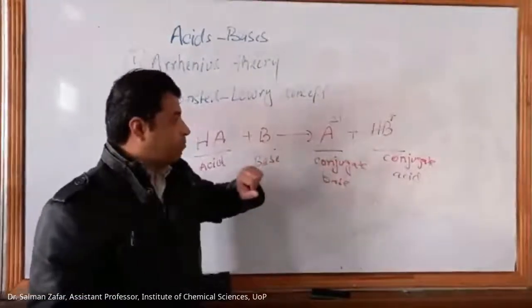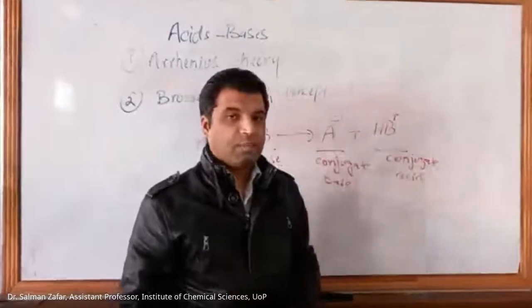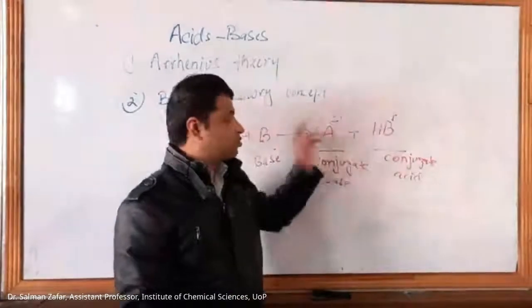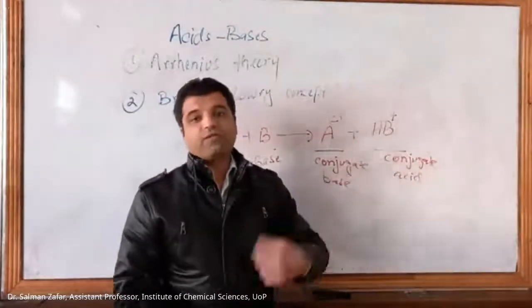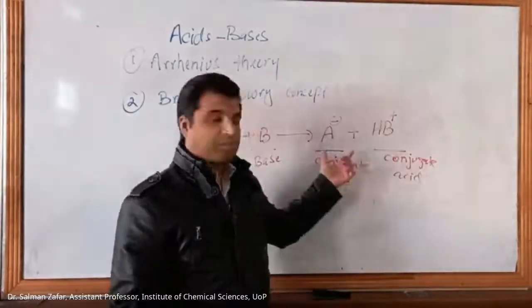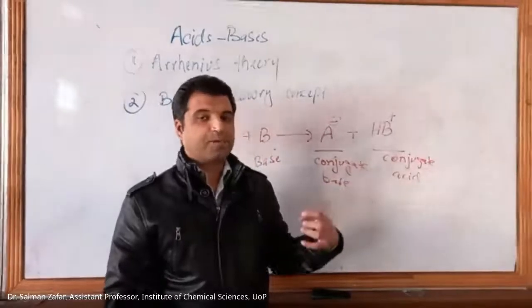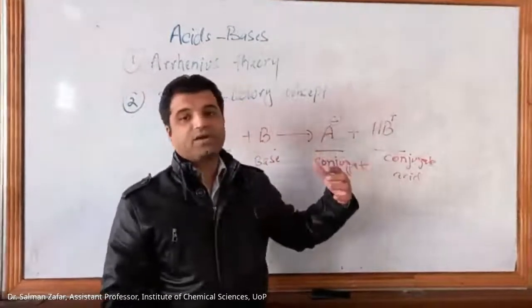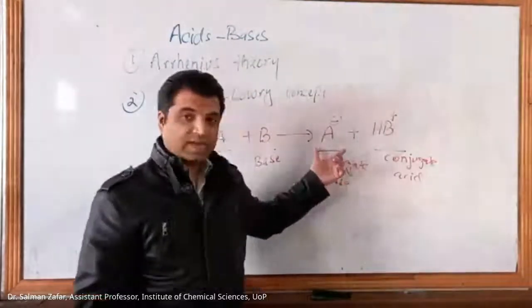So this minus charge can be neutralized by anything that is positively charged. अगर आपके पास -1 charge है, इसको 0 मिलाने के लिए, you have to provide it with a +1 charge. So to neutralize this -1 charge, you need any species that has a +1 charge. So this A minus will undergo a chemical reaction with anything that is positively charged to neutralize itself.